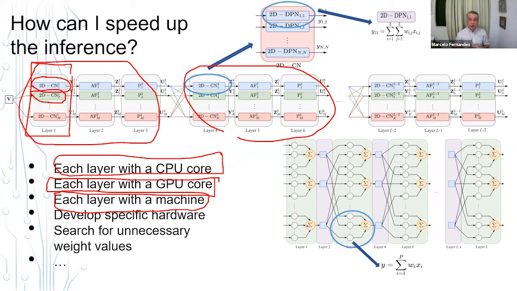The problem with specific hardware is about the size of the deep learning, because now we insert many layers, many neurons, many processor units. This is a big problem, but this is a way. It's important you understand that there are many ways to accelerate deep learning.